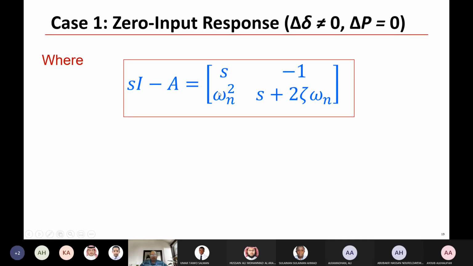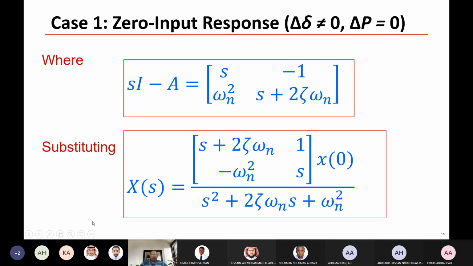So sI minus A equal to this, and then you can substitute x of s equal to this. This is the characteristic equation, and then you have x of 0.